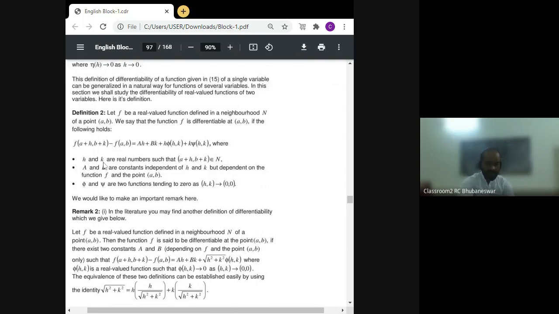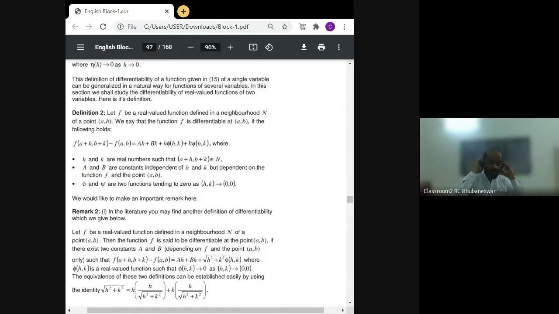Here h and k are real numbers, and they are used to define a point that is very close to the point (a,b), and that new point is (a+h, b+k). Now capital A and capital B are constants. These are independent of h and k. That means they are independent of the small increments h and k.